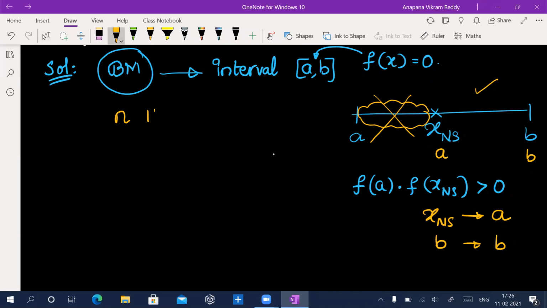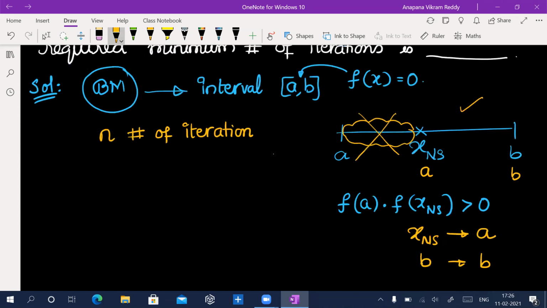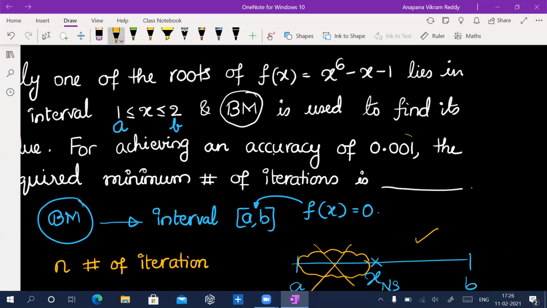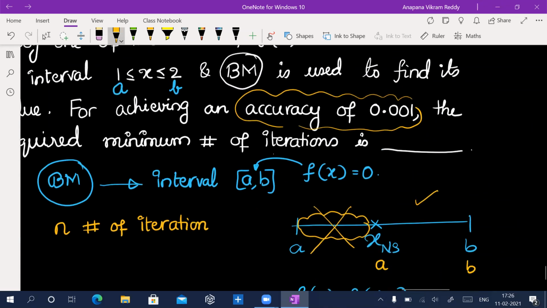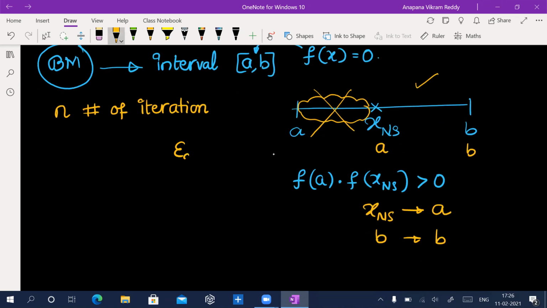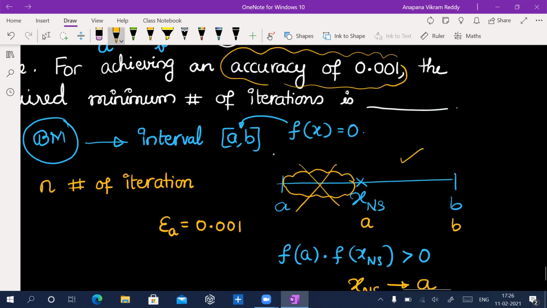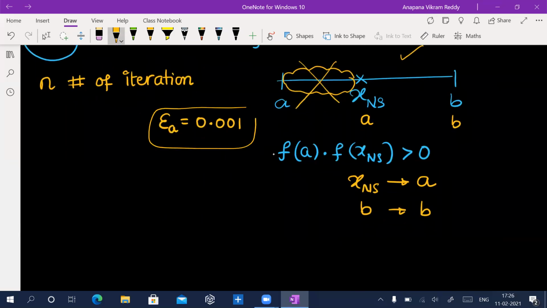I require n number of iterations for achieving this accuracy, okay? So I will take epsilon a is equal to 0.001. This is what I think you took, yeah, this is what you took this way. Now what do I do?